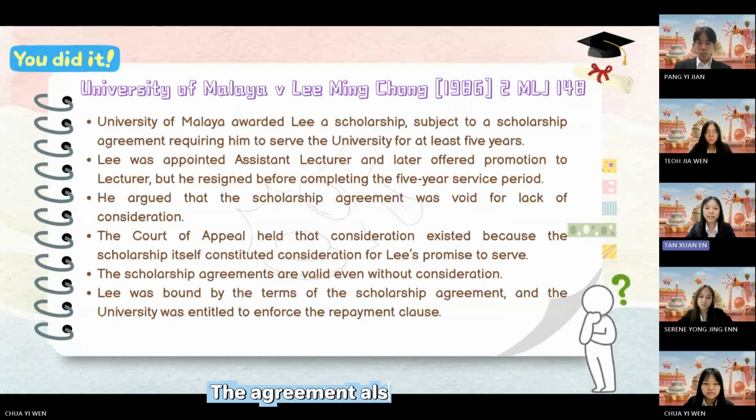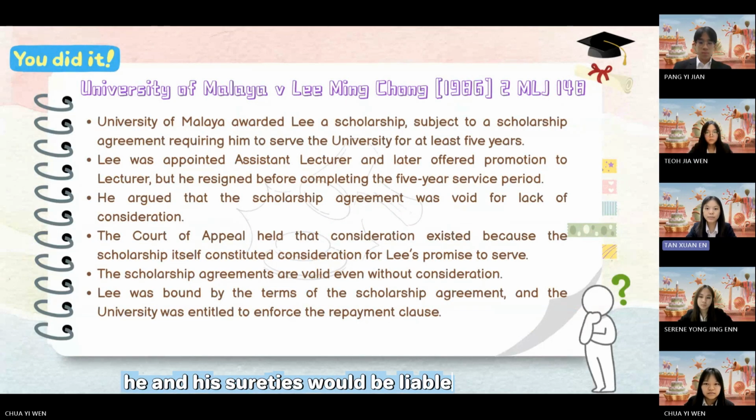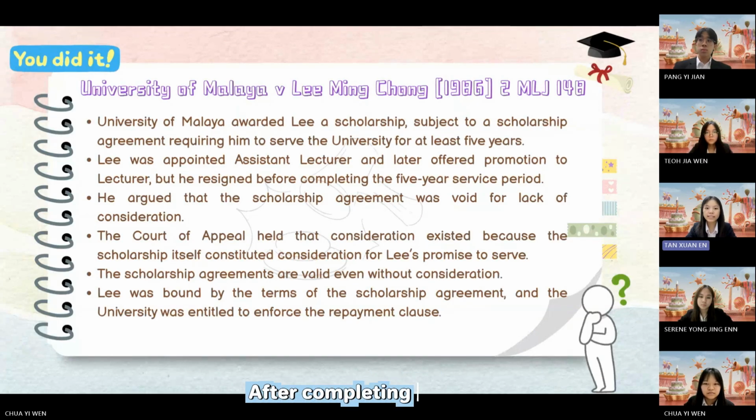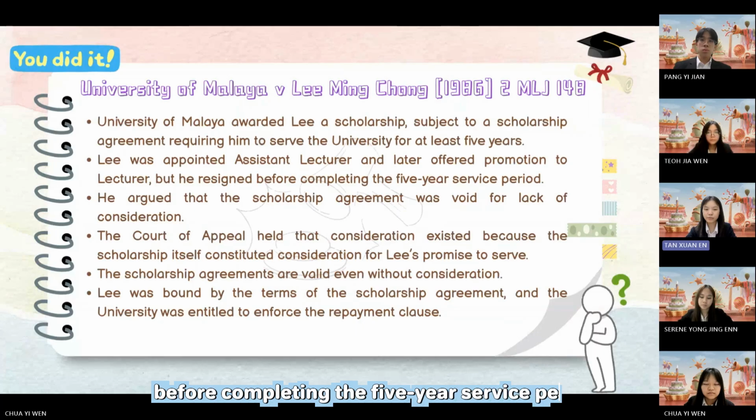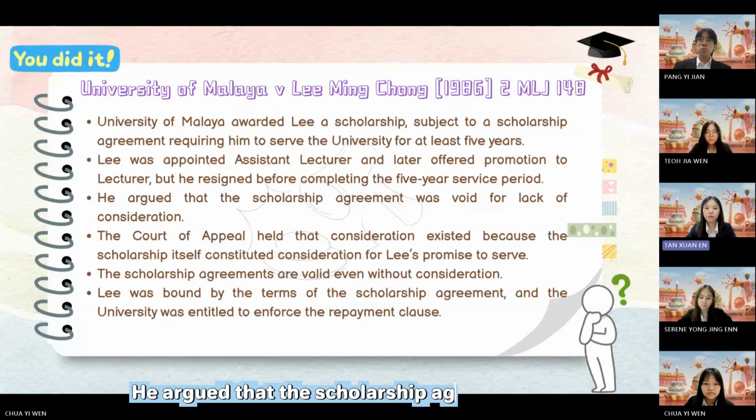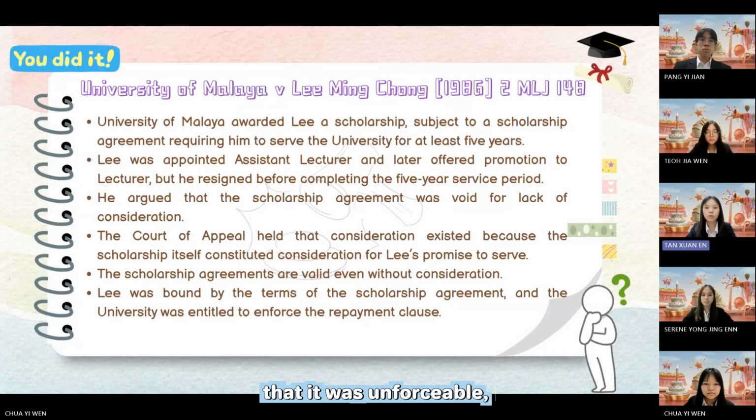The agreement also stipulated that if he breached this obligation, he and his sureties would be liable to pay a fixed sum of $5,000. After completing his study, Lee was appointed assistant lecturer and later offered promotion to lecturer, but he resigned before completing the 5-year service period. He argued that the scholarship agreement was void for lack of consideration, that it was unenforceable, or that he has fulfilled the agreement through his service.